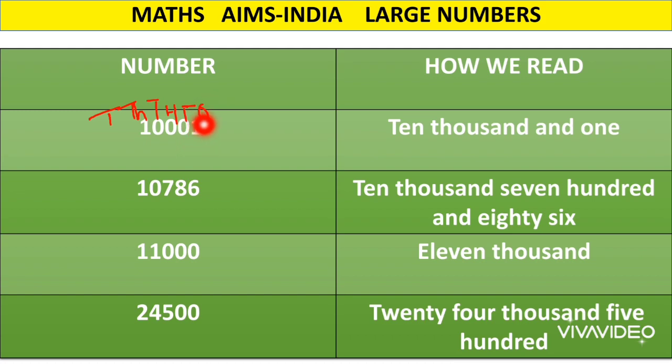Here 1 is at ones place, so its value will be 1 only. All the other digits are 0 except for the first digit, which is 1, at what place, children? 10,000.